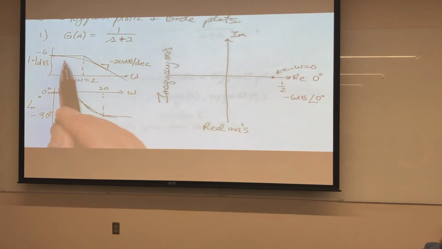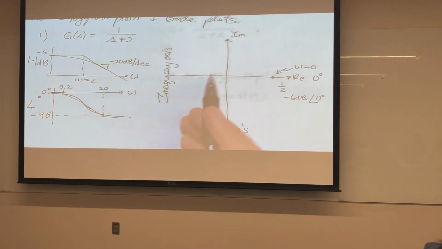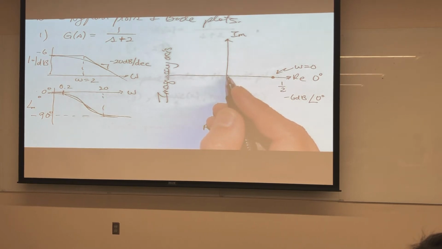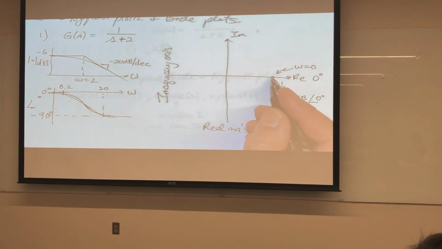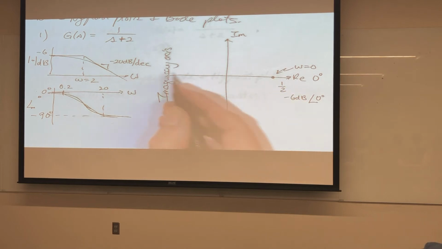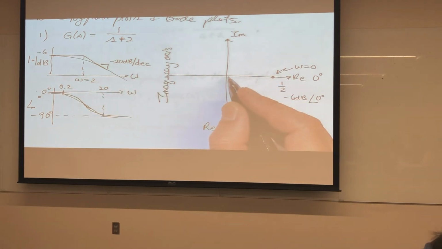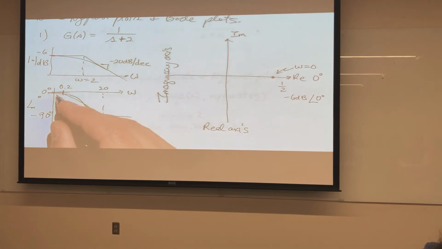Now, what happens as frequency increases? As frequency increases, the magnitude gets smaller and smaller, which means I need to get closer to the origin. I initially start off, the magnitude is a half. But as frequency increases, I need to get closer to the origin. But the phase also changes.